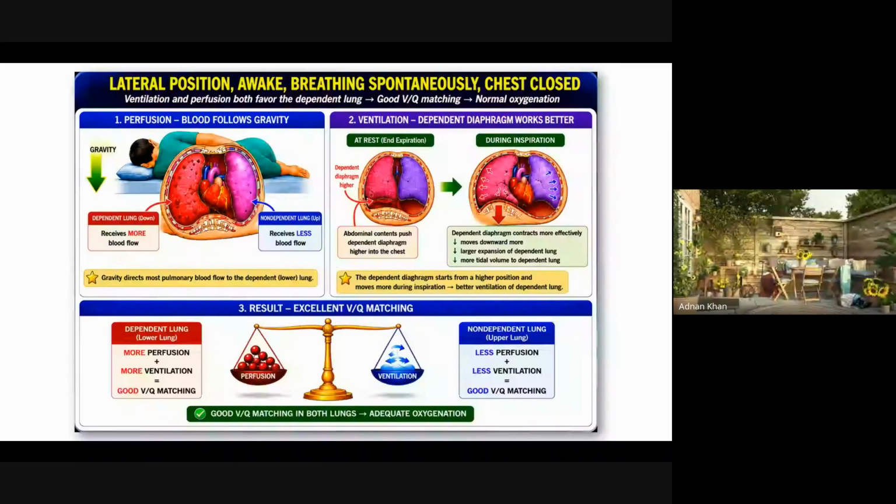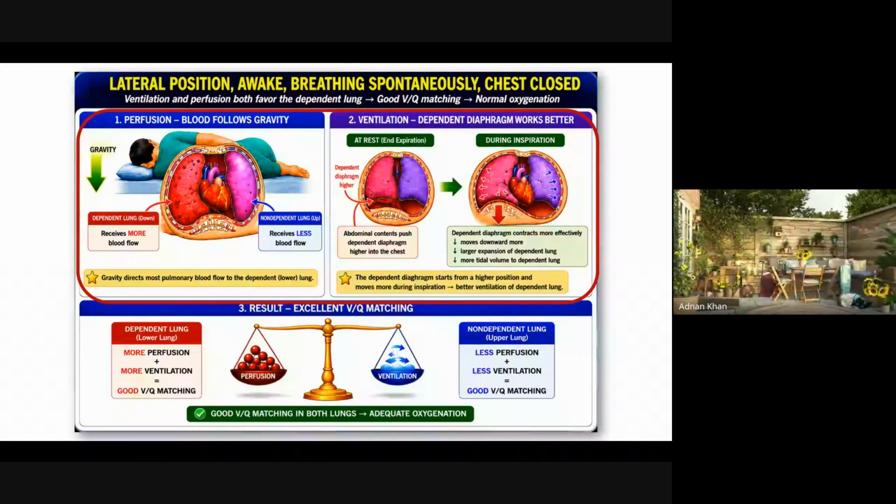Here, in the awake, spontaneously breathing patient placed in the lateral decubitus position, as we have previously talked about, gravity directs most of the pulmonary blood flow to the dependent lung. At the same time, the dependent hemidiaphragm remains functional and contracts efficiently, which we can see on the ventilation.